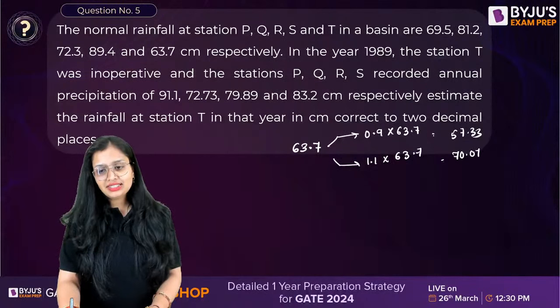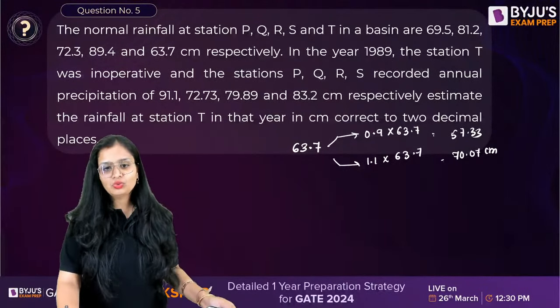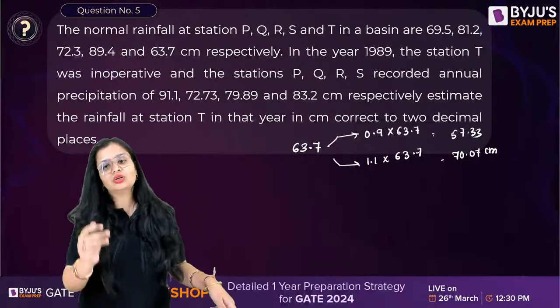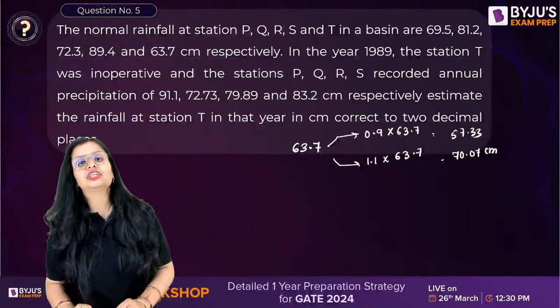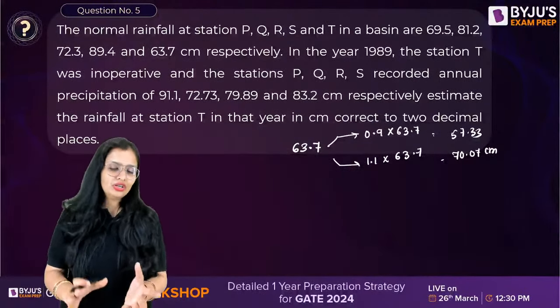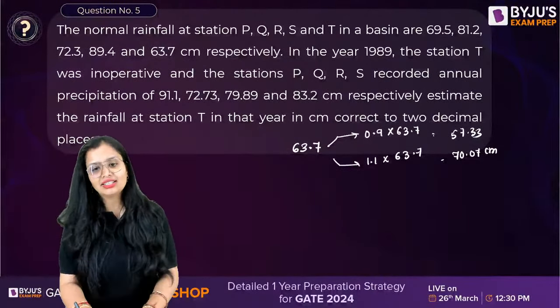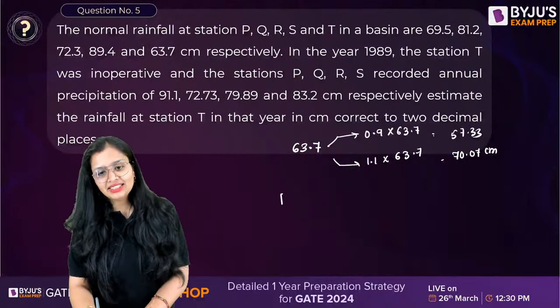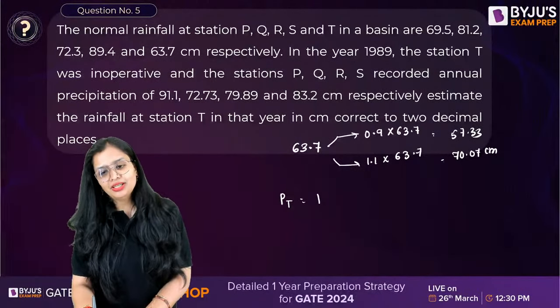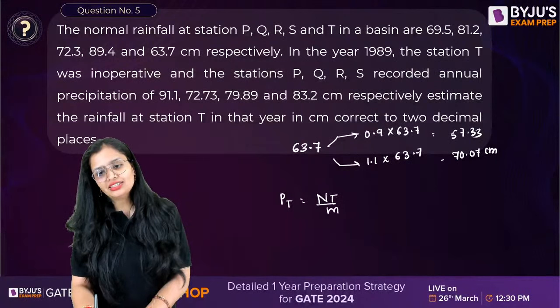So you can see here 81.2, 72.3, 89.4 are the ones which are out of this range. So definitely we have to go for the normal ratio method. Simple as that. So precipitation at station T will be normal rainfall at station T.